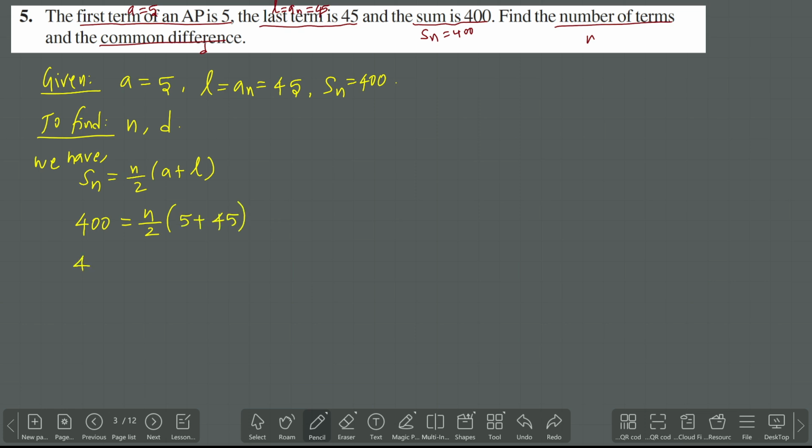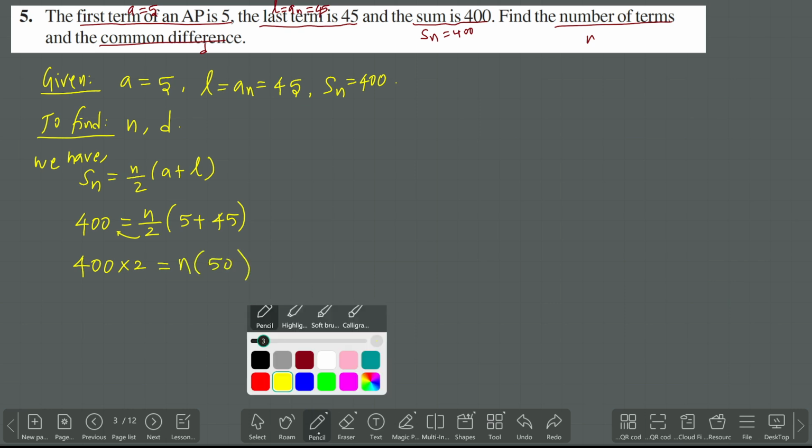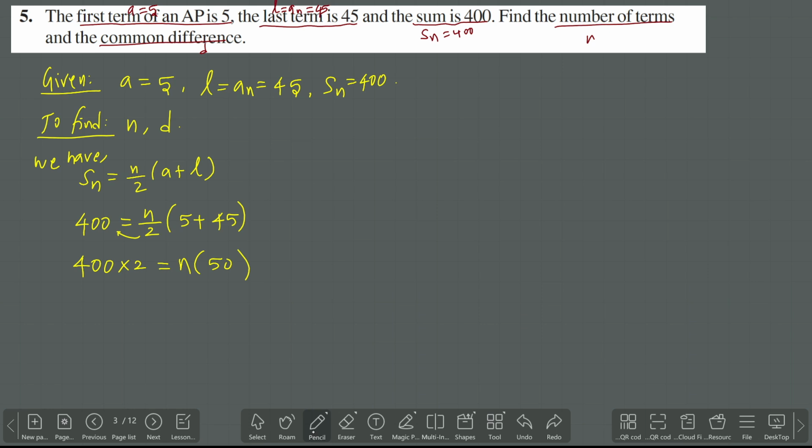So what am I getting? 400, this 2 you send across, multiply 2, equal to n into 50. Now if it is possible to cancel, you can cancel: 1 0, 1 0, 1 5, how many 5s? 8 5s are 40. Now 8 2s are 16 equal to n. So the n value we got as 16.